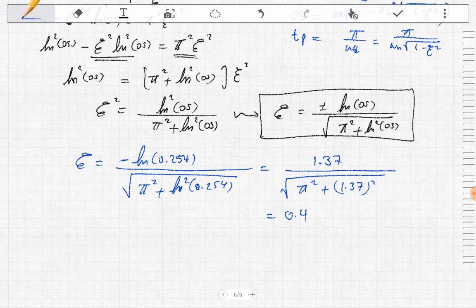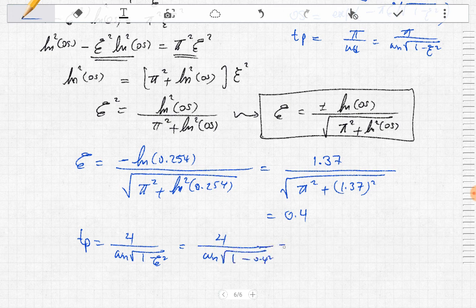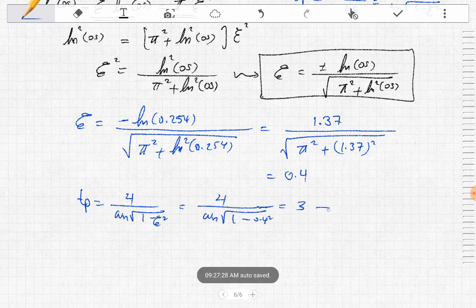Now I use the peak time, right? The peak time, t_p, is pi over omega n times the square root of 1 minus eta square, right? Now pi over omega n times the square root of 1 minus 0.4 square equals the peak time, which was equal to 3 seconds, right? From this equation I get what? Omega n. Somebody calculate, okay? If you have your nice calculator, get the omega n.